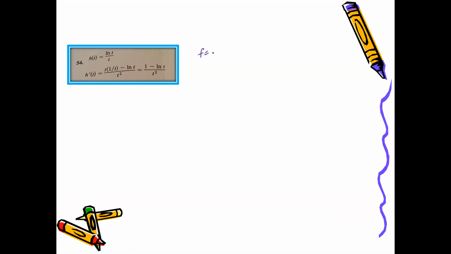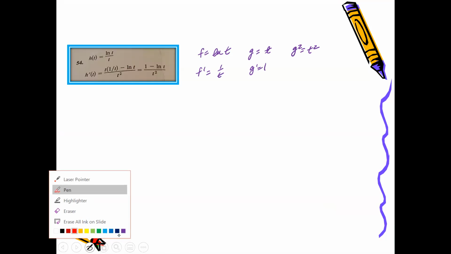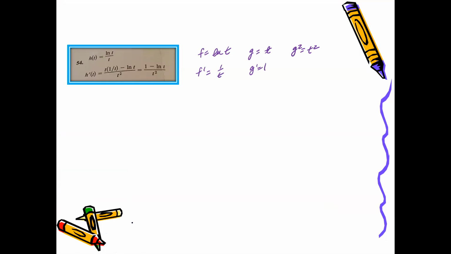My numerator is f, so that's ln t, so f prime is 1 over t. g is the denominator, just t, g prime is 1, and g squared is just t squared. So again, the quotient rule is not difficult. It's just trying to manipulate and simplify it to a format that matches the multiple choice.